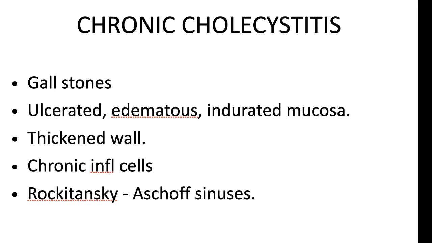Whenever we are discussing chronic cholecystitis, definitely we have to remember four important things that we have to consider. Whenever the wall is thickened, the cholesterol-laden macrophages are seen in the lamina propria, where we will be calling it a cholesterolosis.